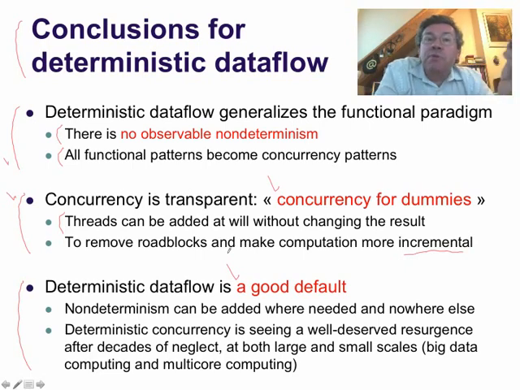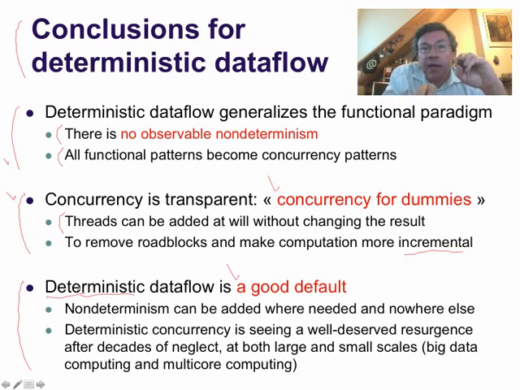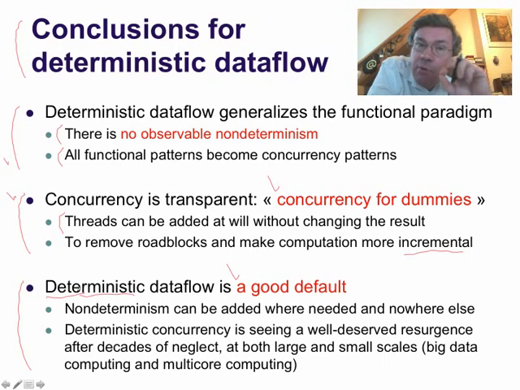It should not always be available in your language. The default should be deterministic, and you should be able to add non-determinism only where you need it and nowhere else. For example, in the client-server, that is at exactly one point. It's the point where the server accepts messages from a client. That's the only point where you really need non-determinism.